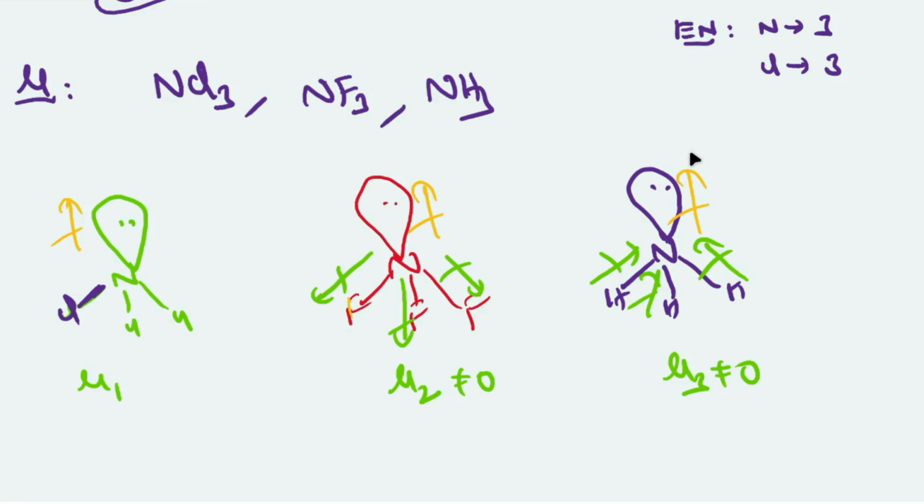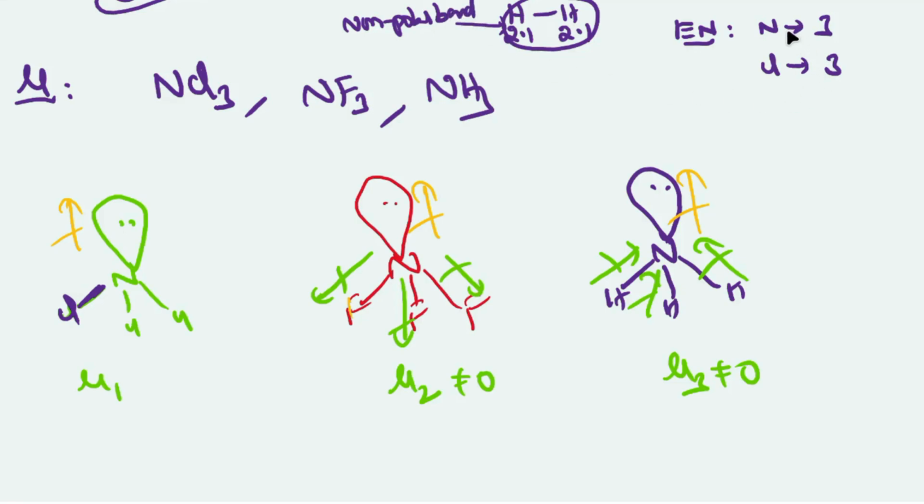Then the bond is not migrated, because both have the same electronegativity. It looks like an H and H bond, with H electronegativity 2.1 on both sides. So the bond is not migrated to this side or that side, so it is a non-polar bond. Correct.